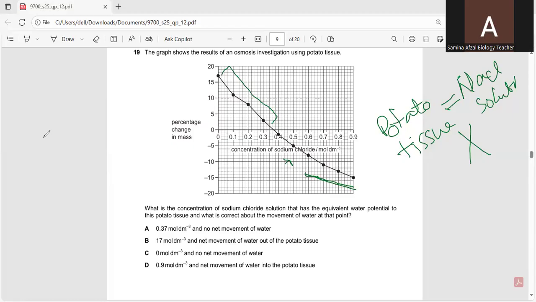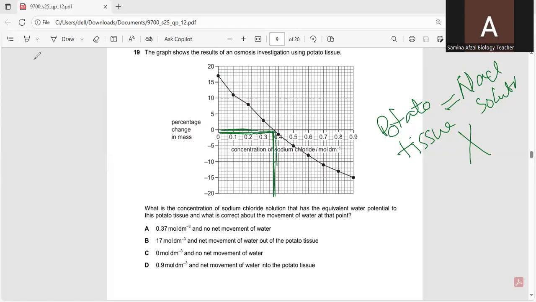So we have to find out a point where there is no change in mass, when the concentration of both of them is equal. So we will find that point on the graph. Actually, this is the point on this one. So this is the actual point.